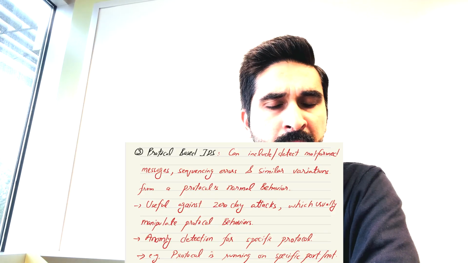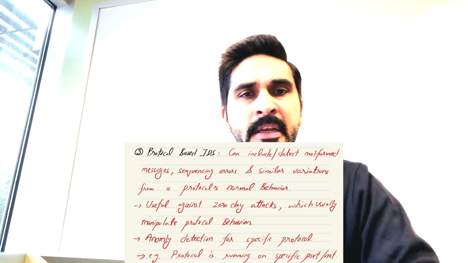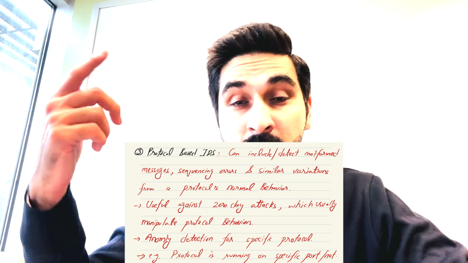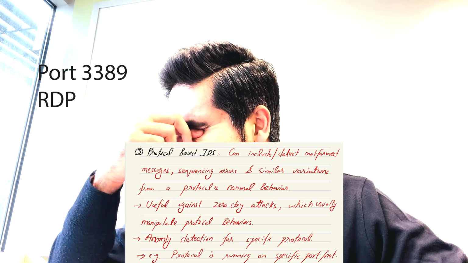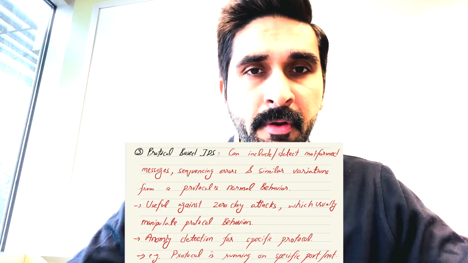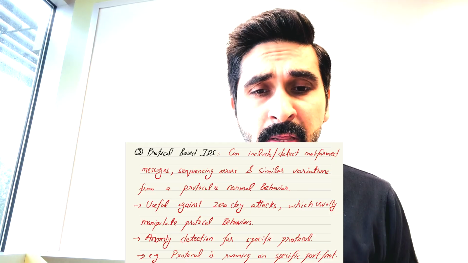Let's say it might have changed the port number. Another example, 3389 is typically used for some service. I forgot what exactly, but I think 3389 is LDAP. So that service might be running on something else. Basically, the anomaly based on a specific protocol is called protocol-based IDS.